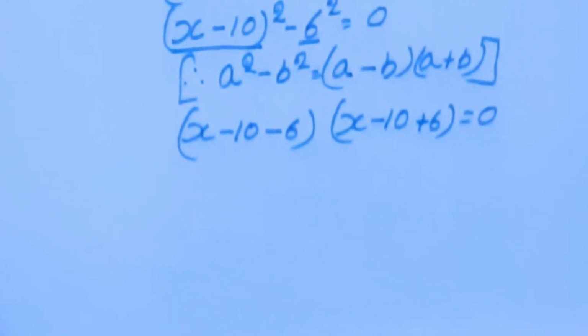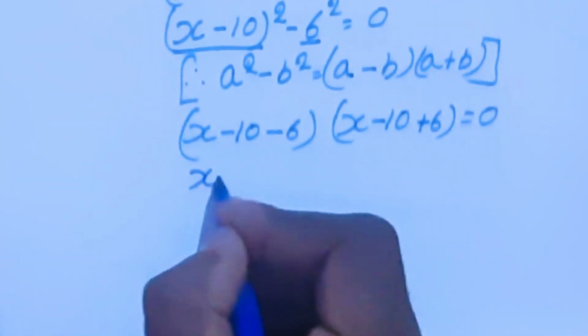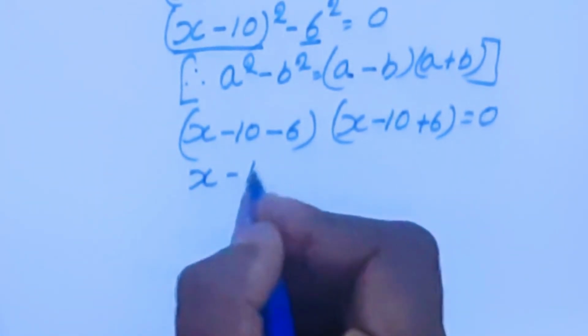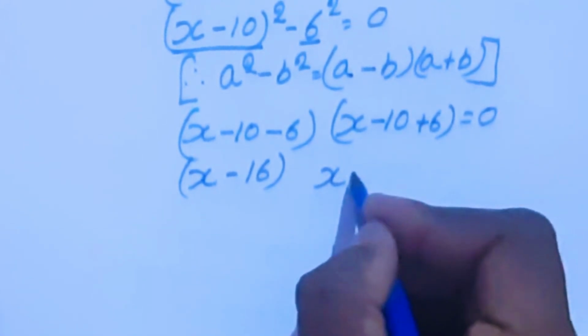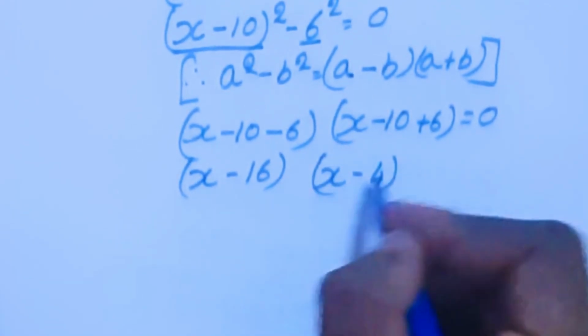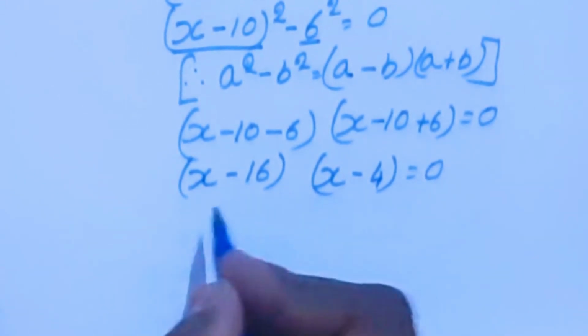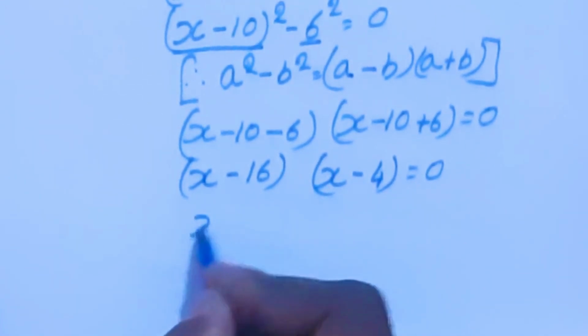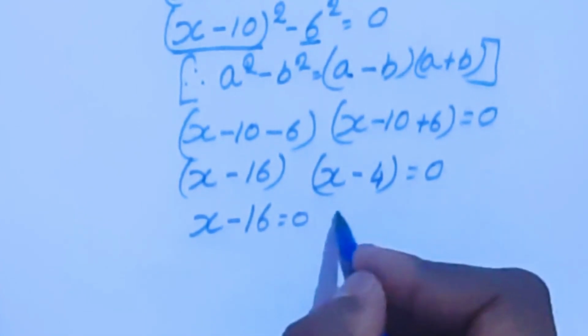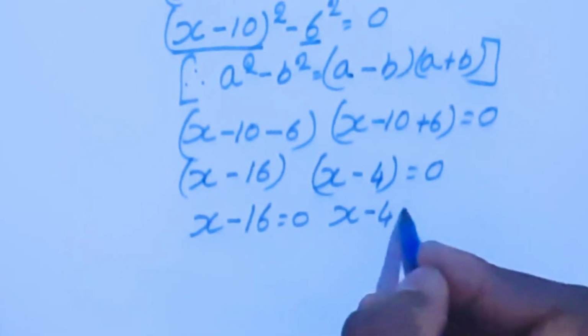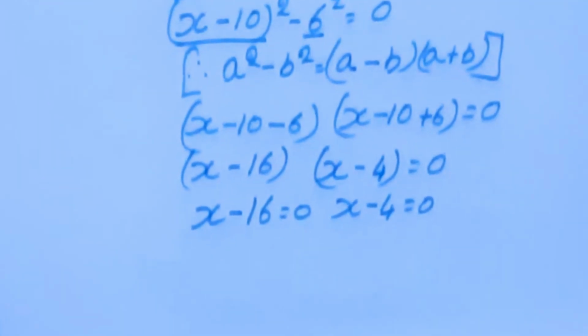From this equation, x - 16 = 0 and x - 4 = 0. From this we have two equations, x - 16 = 0, x - 4 = 0.